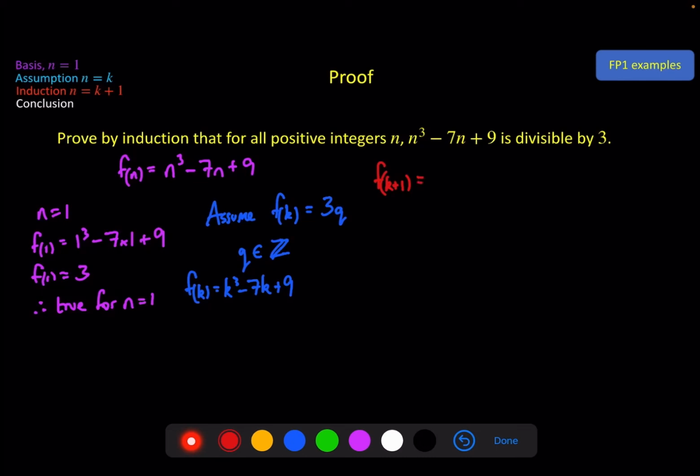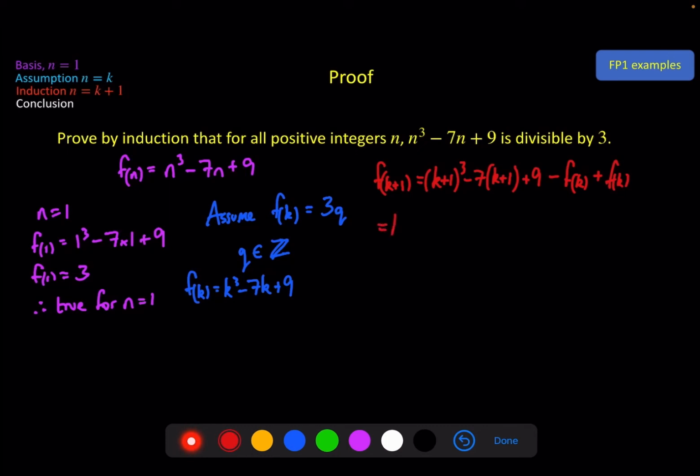And as I said, I'm going to take that and then subtract f of k and add f of k. So I haven't changed anything, but it gives me a few terms from f of k to bring in and interact with these.